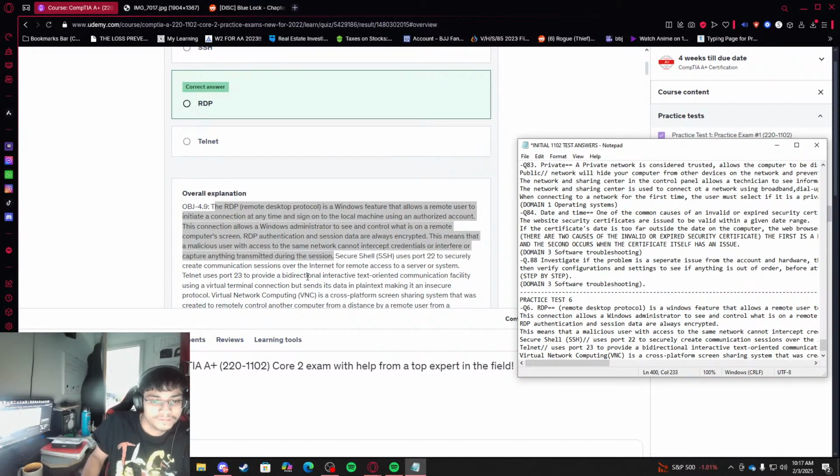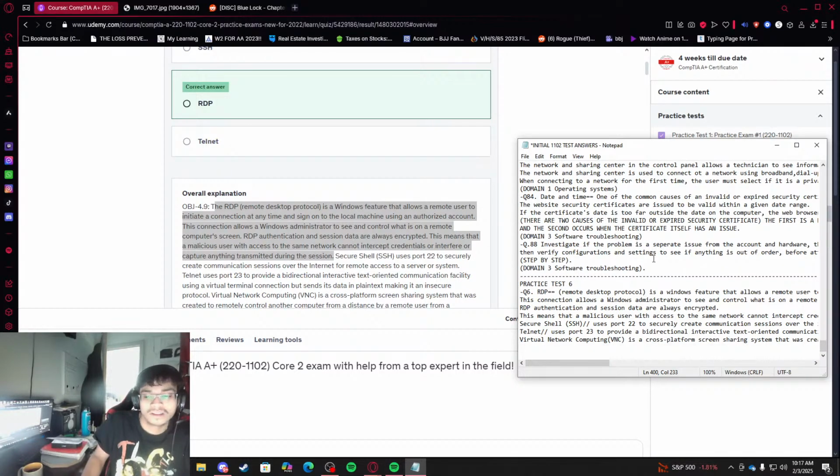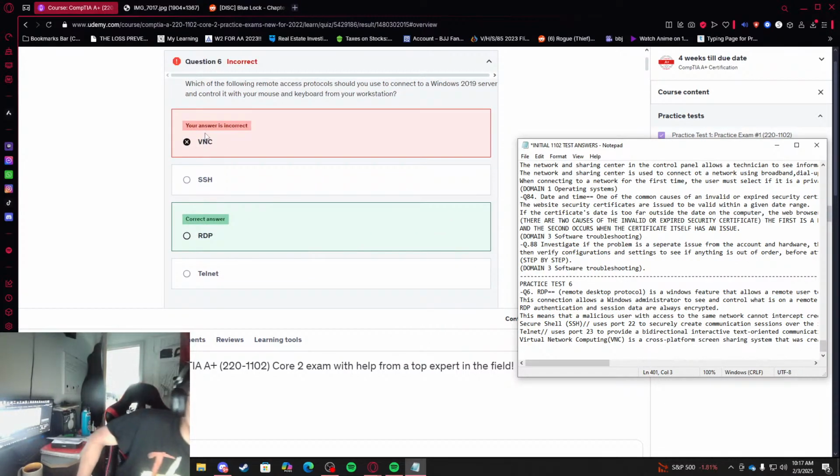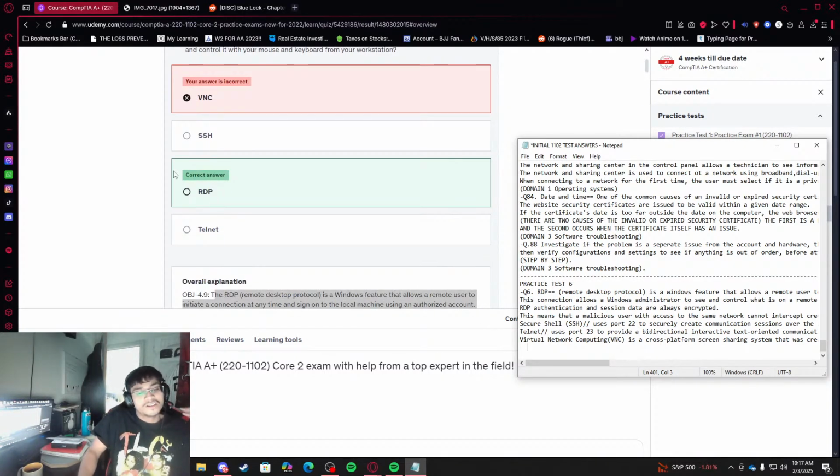Okay. Over the internet. Okay. Alright, so this is for cross-platform connections. This is encrypted connections over the internet. This is for using an authorized account, Windows account, and it's another.